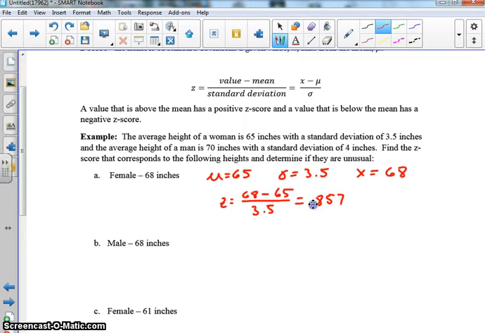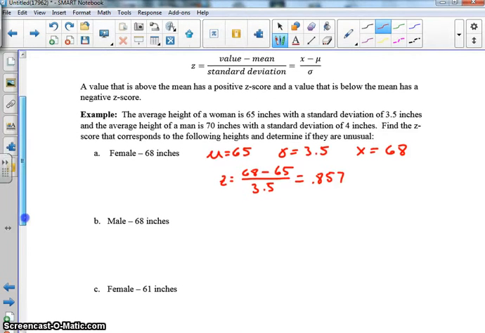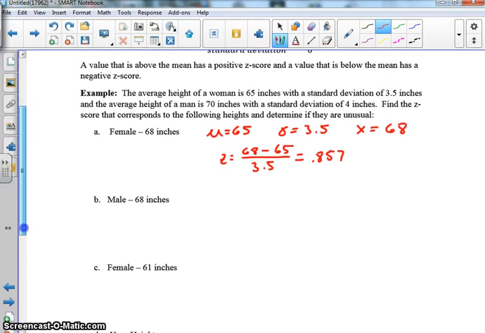So almost one standard deviation above the mean, which makes sense because they are taller, so I should have a positive standard deviation. And so this just kind of tells you where you fall on that normal curve. You're almost one standard deviation away.